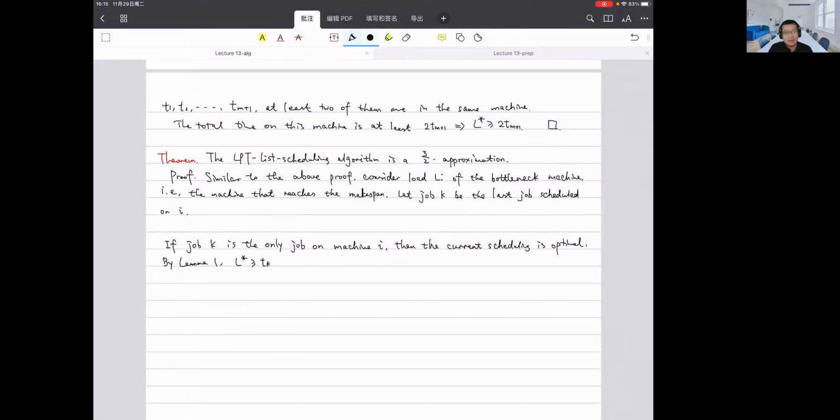Of course, job k is one of the jobs, so we definitely know that L star is larger than or equal to tk.